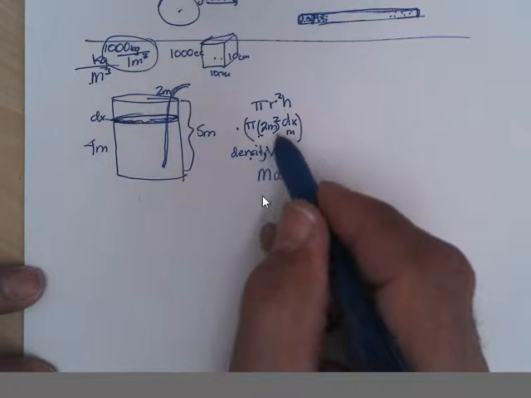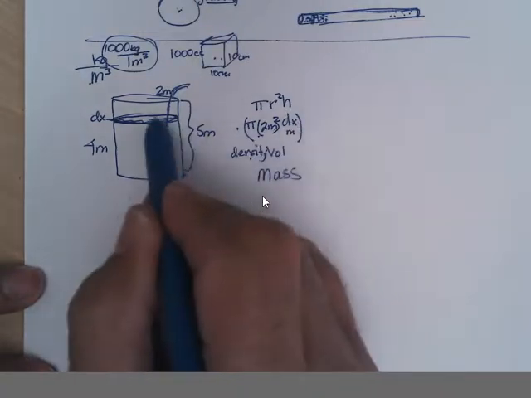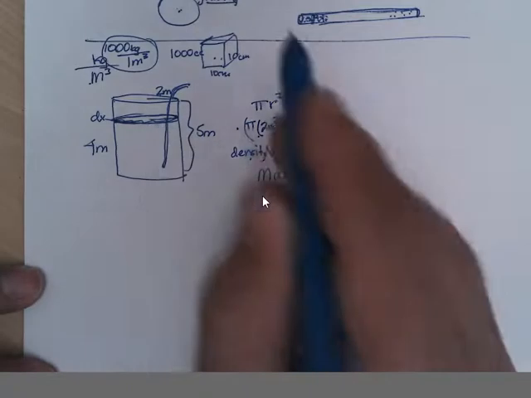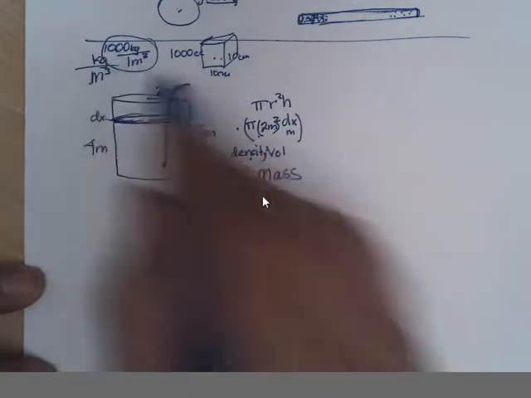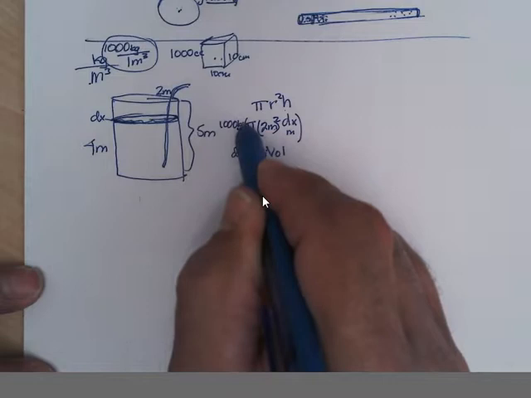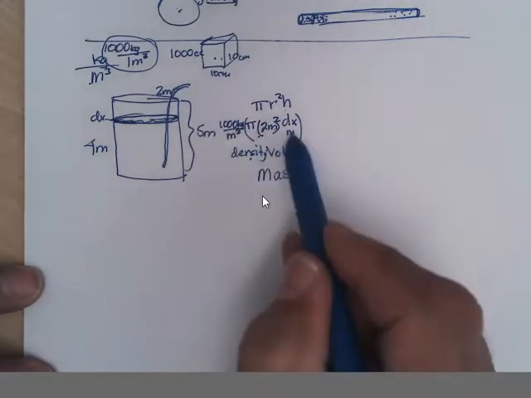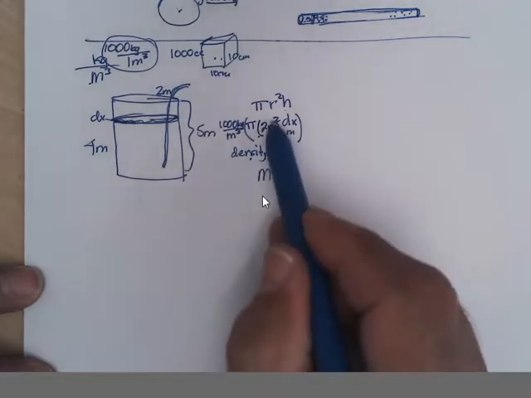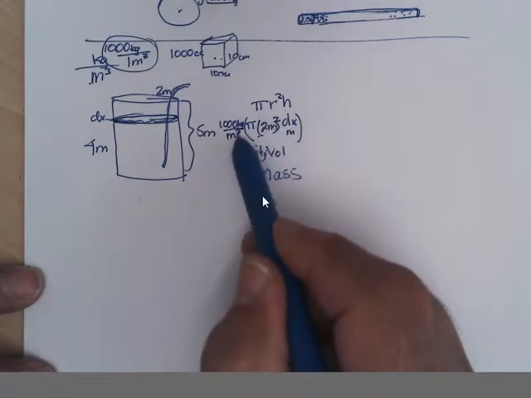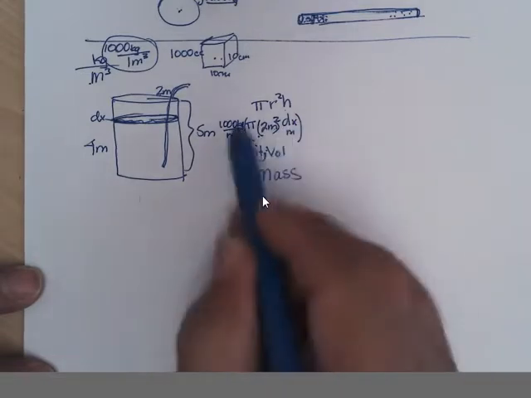So this is the volume of that slice times its density, which is 1,000 kilograms per meter cubed. So the meters of the dx and the meters that are getting squared here cancel the meters cubed, and we get kilograms, which would be the mass.